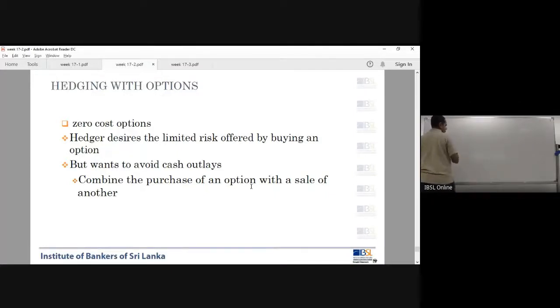You'll be long call, short put. This will be the call option strike. This is the put option strike.